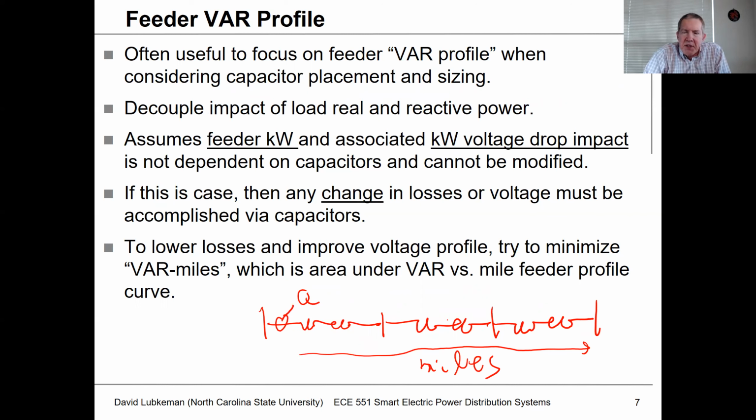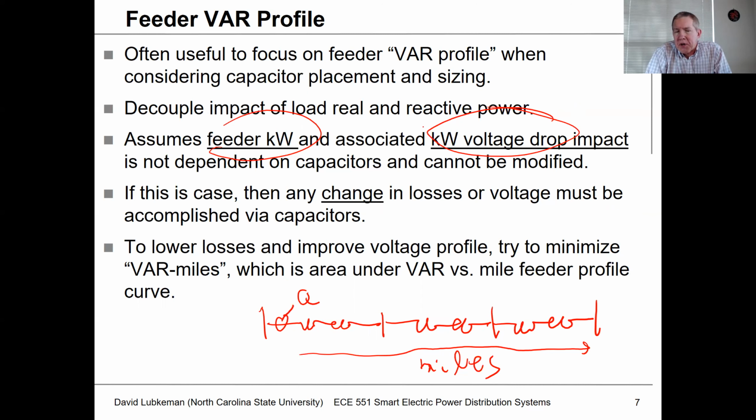And what we're going to see in just a little bit is that we're going to have some losses. We're going to have some voltage drop that's going to depend on the real power. And this isn't anything we could change with the capacitor bank. A capacitor bank just impacts the reactive power flow.